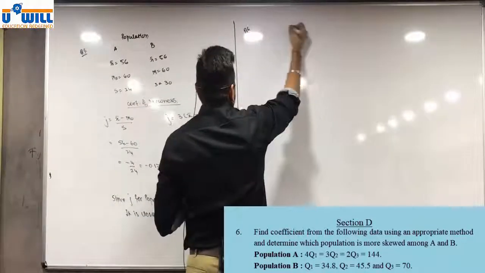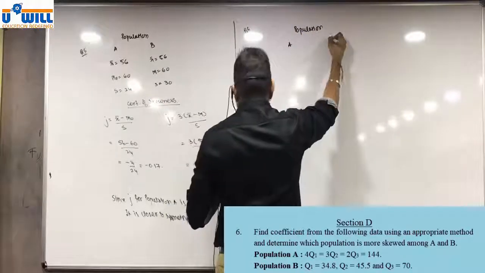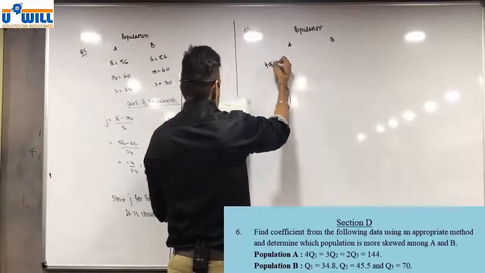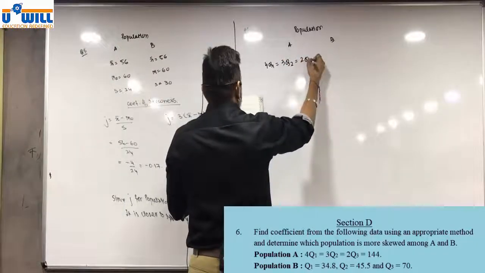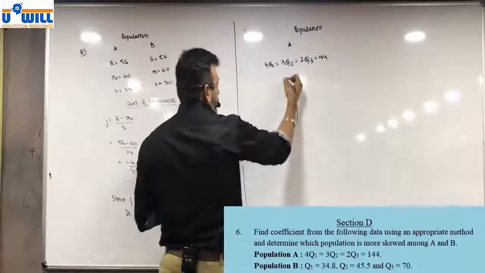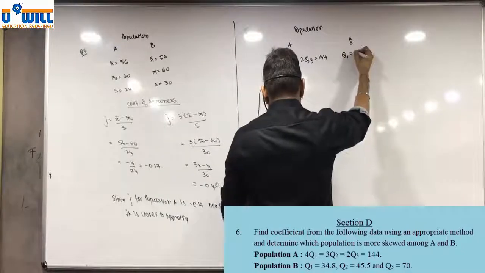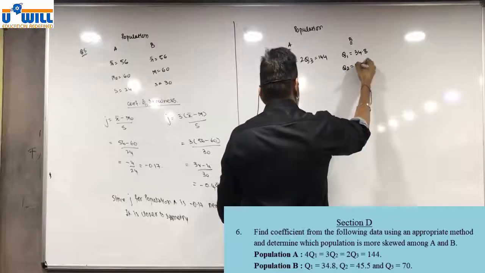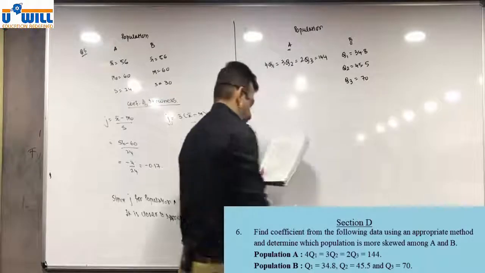Question 6, populations A and B. In A, 4 quartile 1 is equal to 3 quartile 2 is equal to 2 quartile 3, which is equal to 144. And in population B, quartile 1 is 34.8, quartile 2 is 45.5, and quartile 3 is 70.